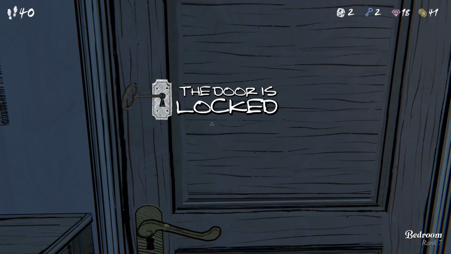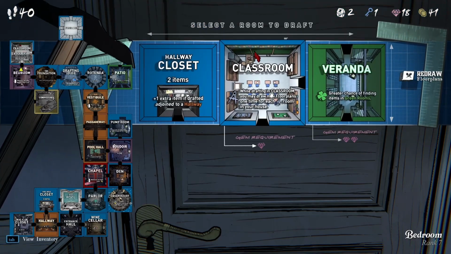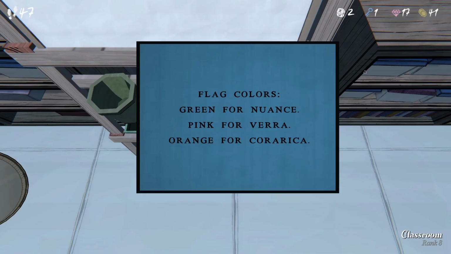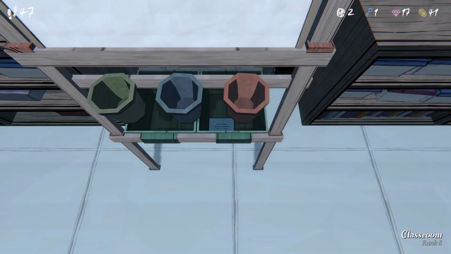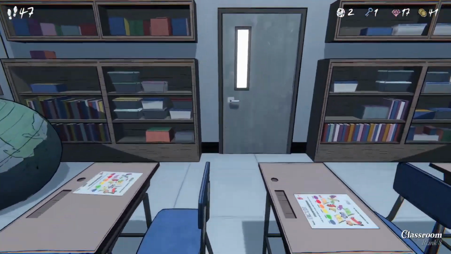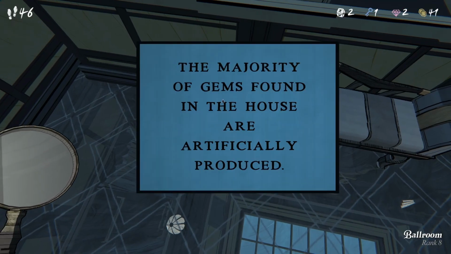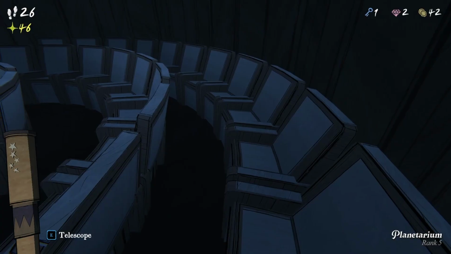Okay, now we need blue rooms. Very blue. Okay, classroom. Okay, there it is. Okay, that was a waste of time. Okay. Telescope.